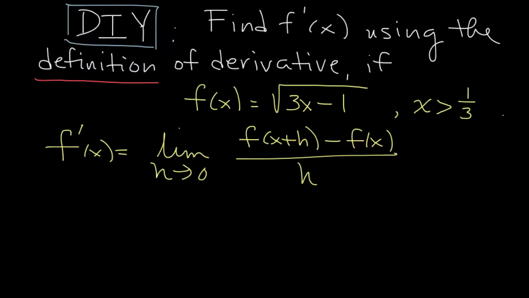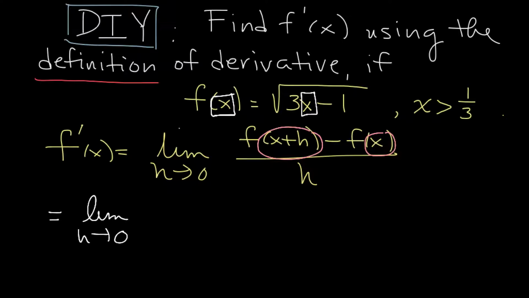We're going to go ahead now and plug in x plus h and x using what we know about function notation. So let's see what we get when we do that. We get the limit as h goes to 0 of, well, what is f of x plus h? Again, remembering that a function is like a machine, and wherever we see the x, we drop in whatever occurs inside the parentheses.